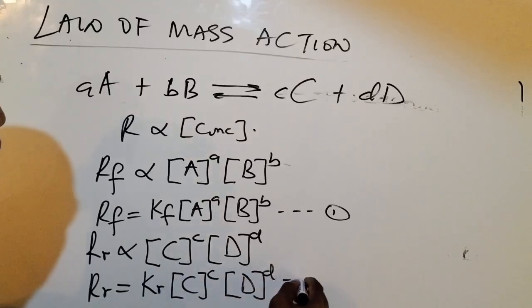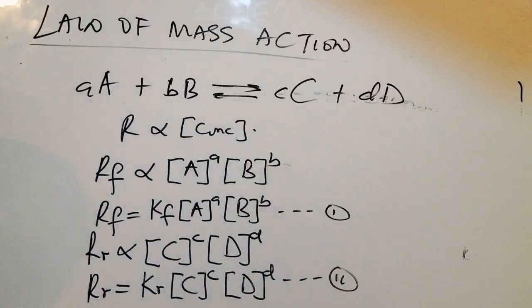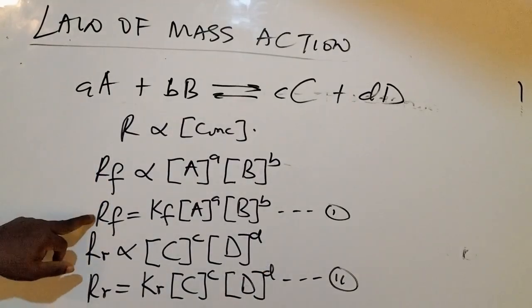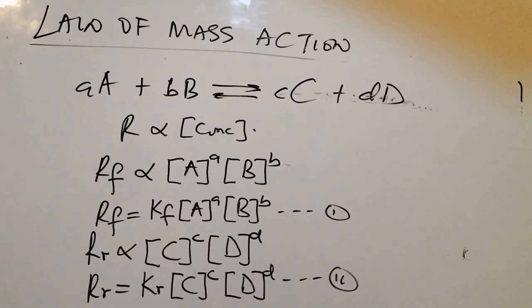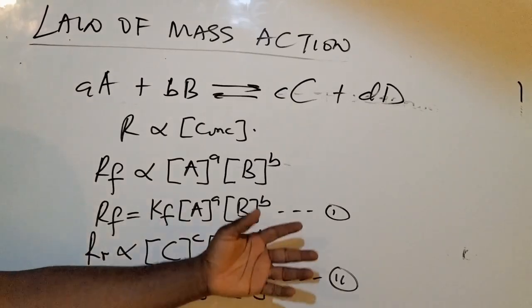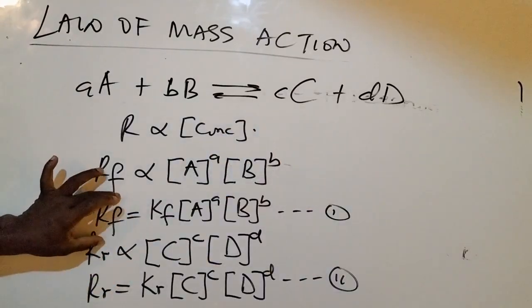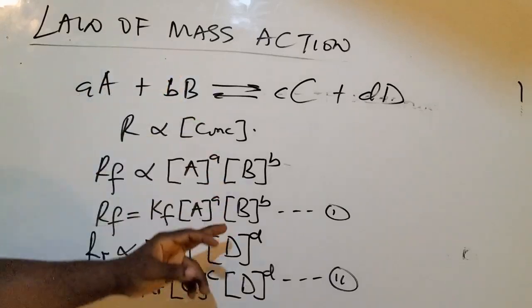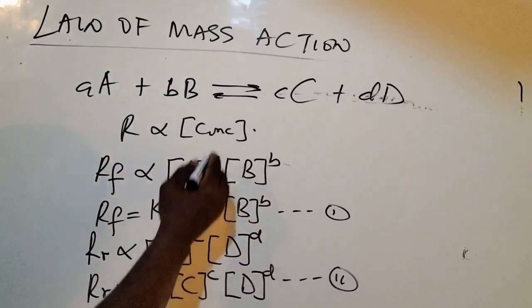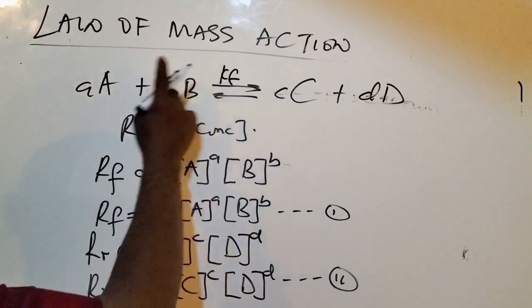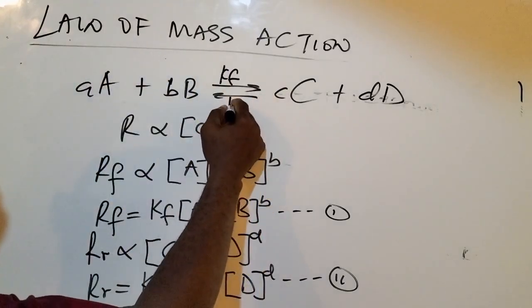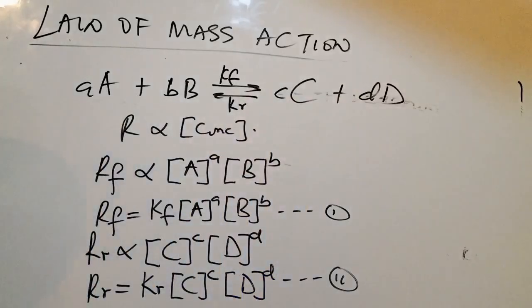We can call this equation 2. So this is the rate expression for the forward reaction, and this is the rate expression for the reverse reaction. You write the forward using the reactants, and the reverse using the products. Kf is the rate constant for the forward reaction, Kr is the rate constant for the reverse reaction.